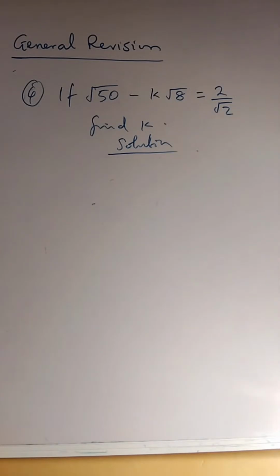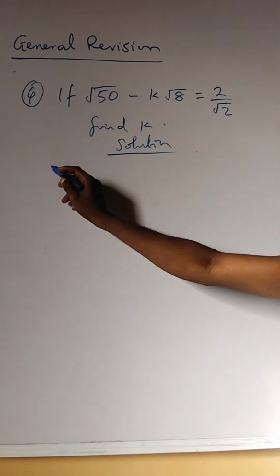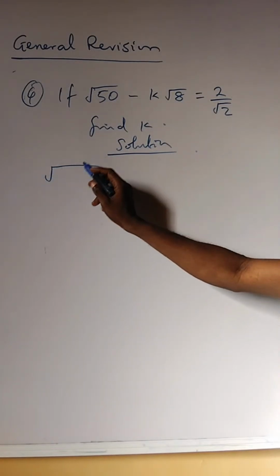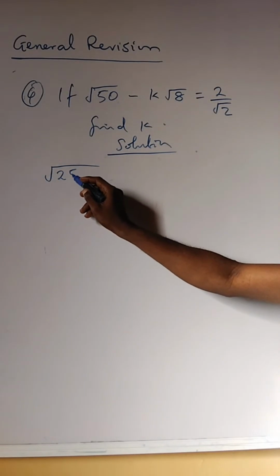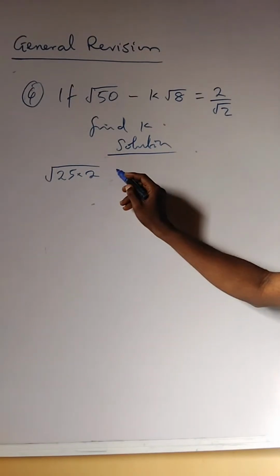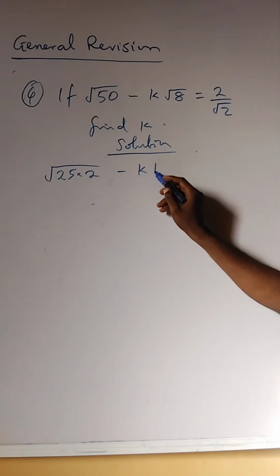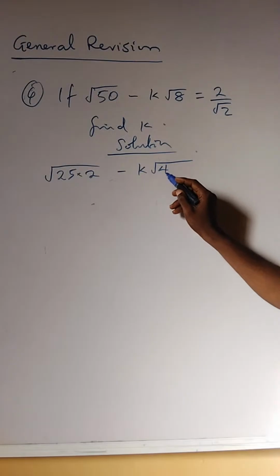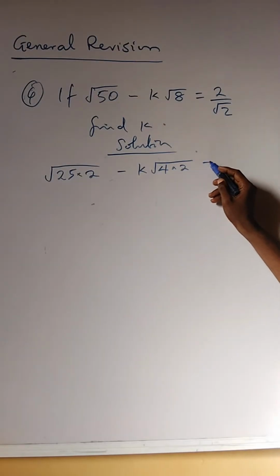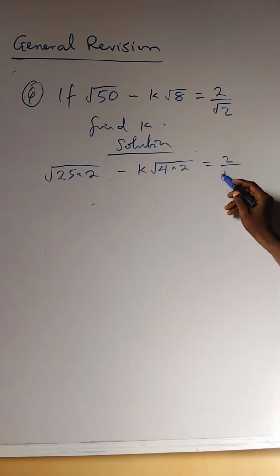So let's look at it together. Here we can write root 50 with the perfect square being 25 times 2, then minus k times root 8, which can also be written as 4 times 2, then equals 2 over root 2.